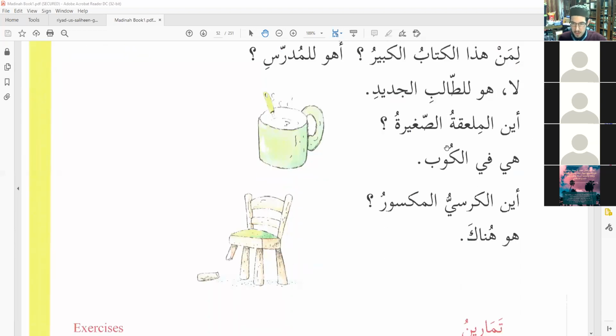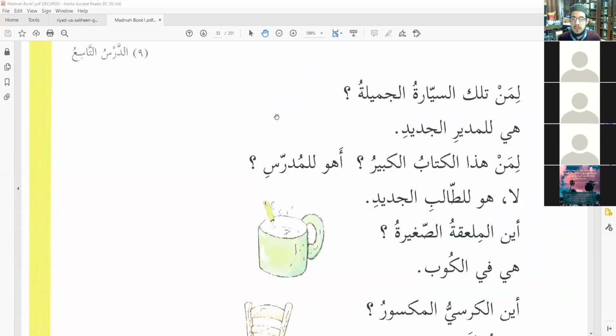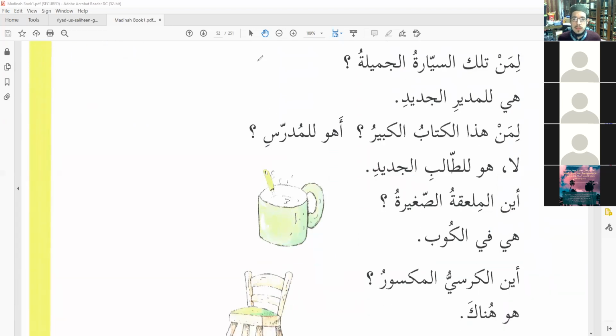Let's keep rolling. Can you do the next 4 lines or the remaining 4 lines? Alternating. Sorry, yes. So just last week, in lesson 1, everything we did was that the demonstrative pronoun is the mubtada and then the object is the khabar, right?